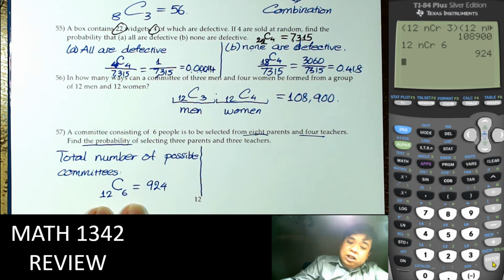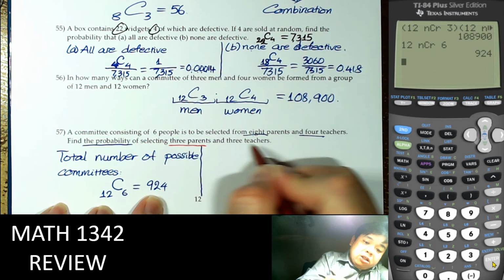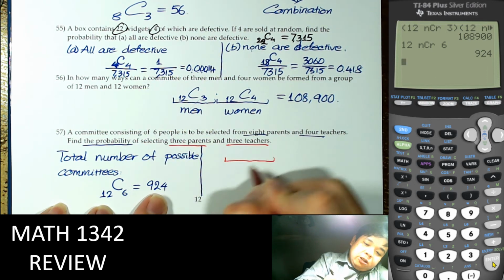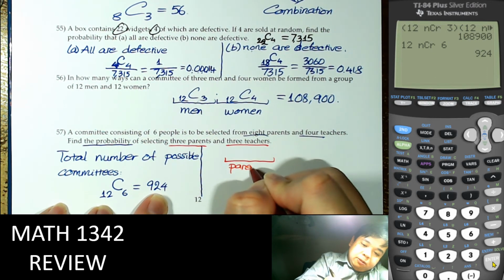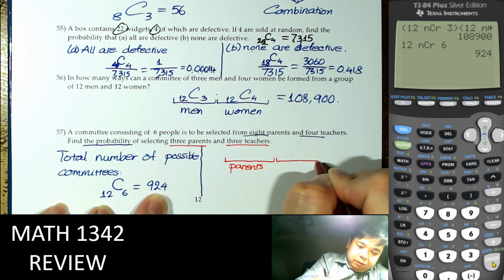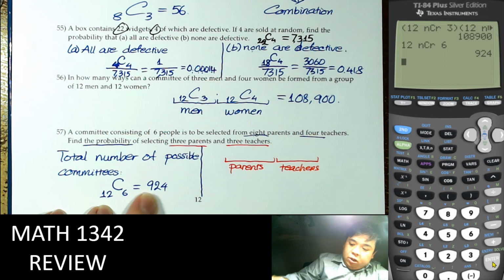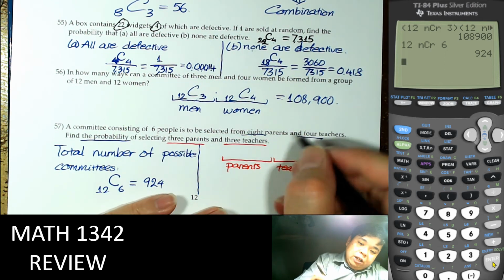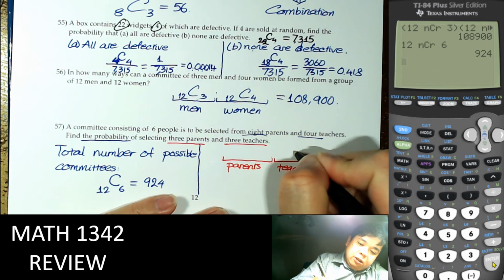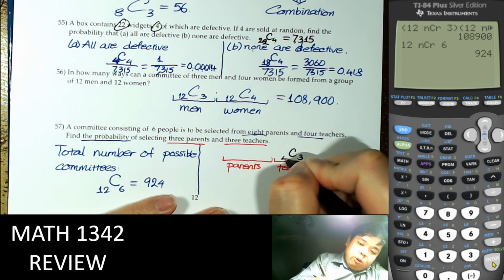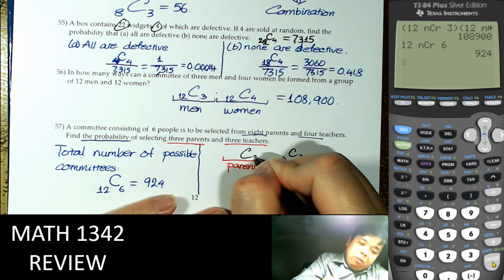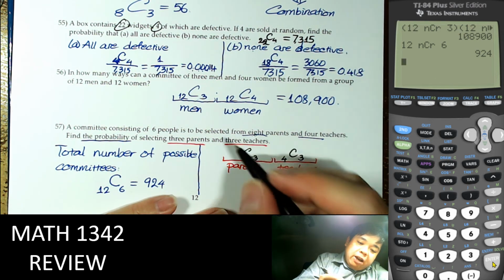Now, on this particular committee, we want 3 parents and 3 teachers. And so we can choose 3 teachers out of 4 and 3 parents out of 8.